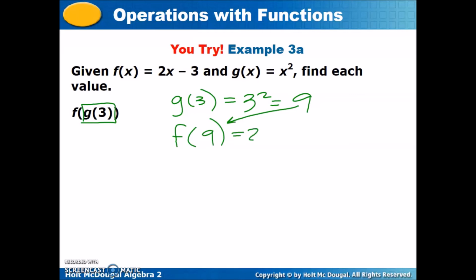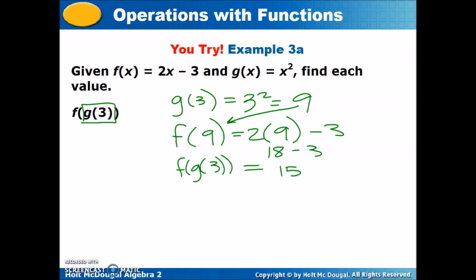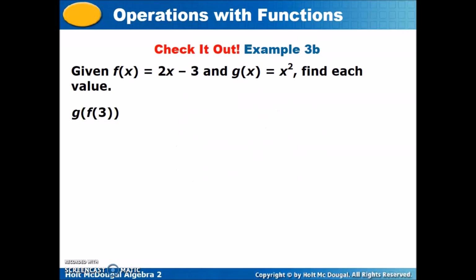So that's going to be 2 times 9 minus 3. That's 18 minus 3, so that's 15. So f of g of 3 equals 15. Do the next one and then come back to me on it. Pause and then come back.